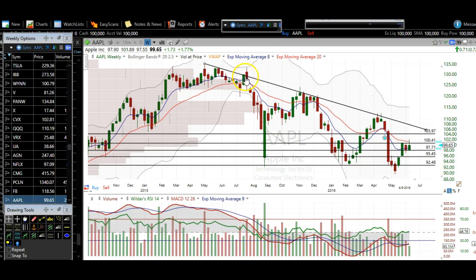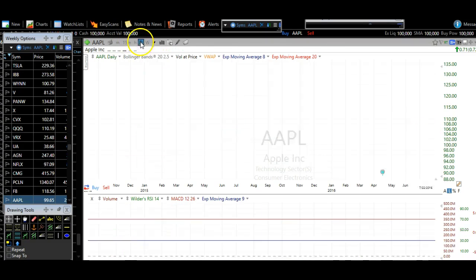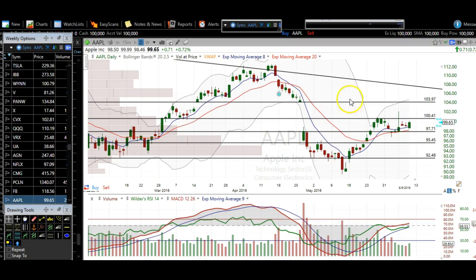As you can see, we've gotten rejected at it many, many times. So that gap fill is going to be right at that downtrend line. We would not be surprised that if we break up there, we get rejected between 104 and 108 up in this range. So be prepared. We are in a downtrend overall.